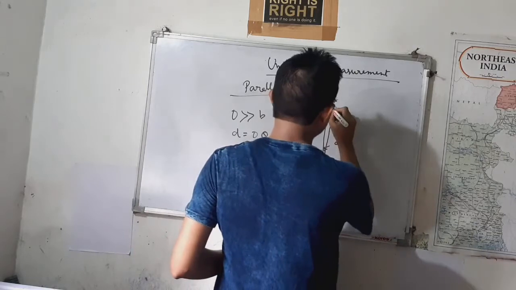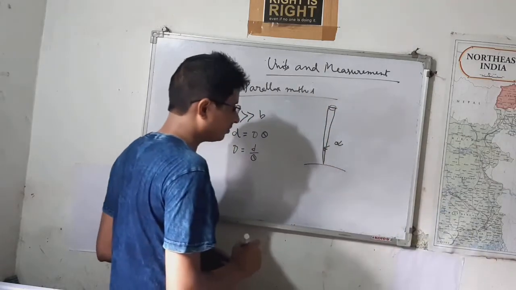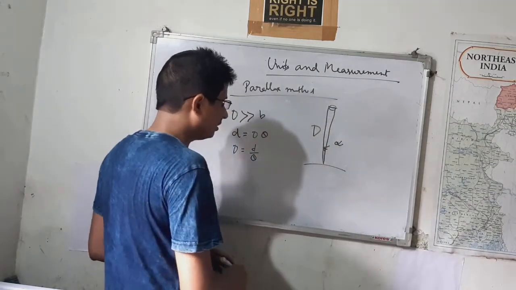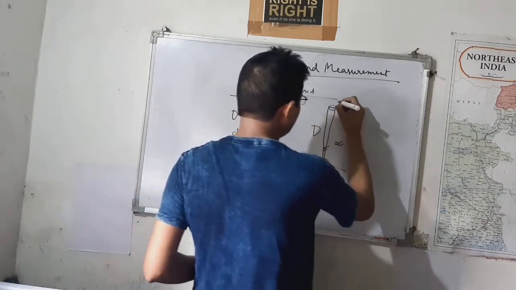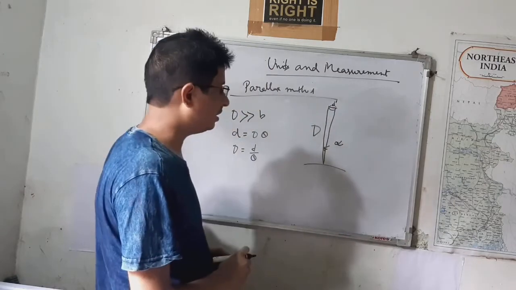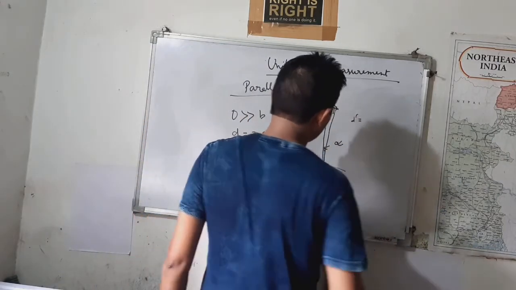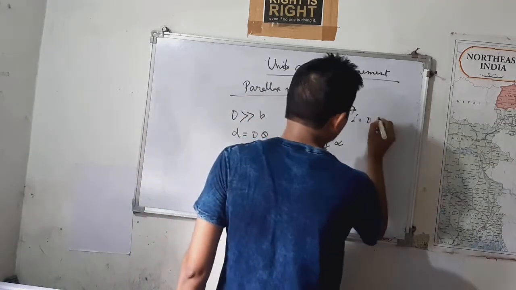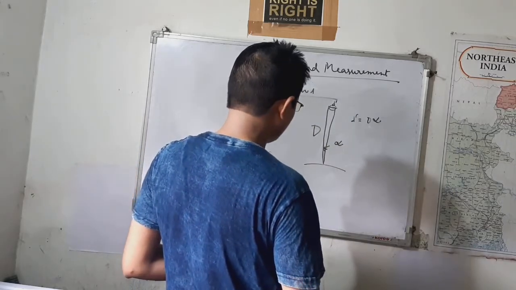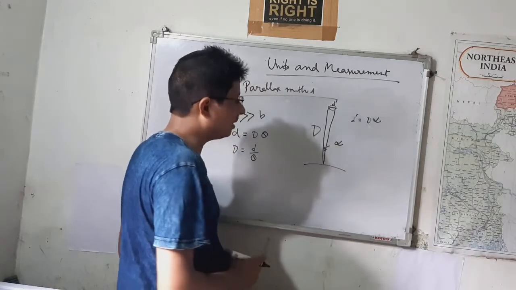These two points are diametrically opposite, so this length is the diameter of the star. Since we know D, we can calculate alpha also. Suppose the diameter is D prime. Then D prime is equal to D into alpha. So with the help of this value, you can calculate the diameter of the star.